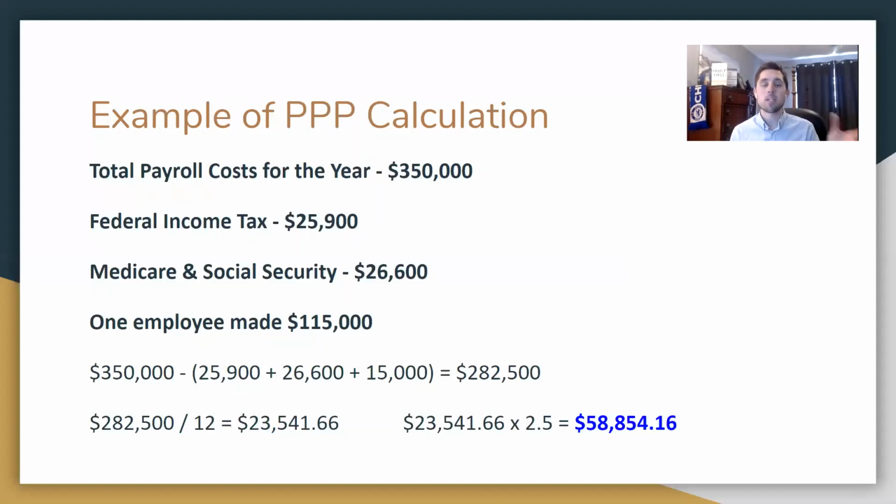You then take that divided by 12 to get your monthly cost. That's on the bottom there. And then you take your monthly payroll cost times 2.5, and your winning number for your application would be $58,854.16.